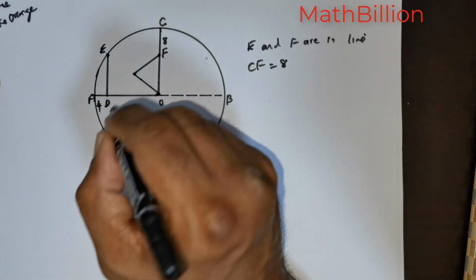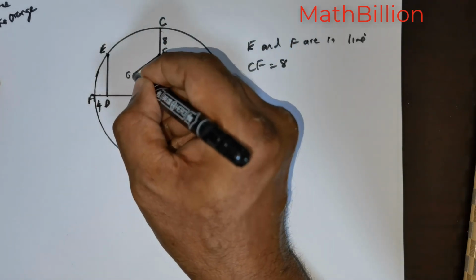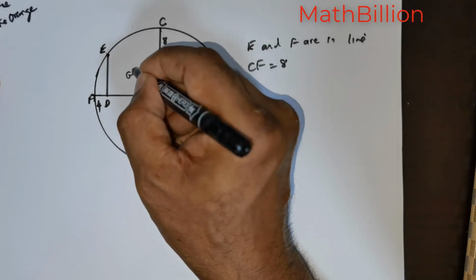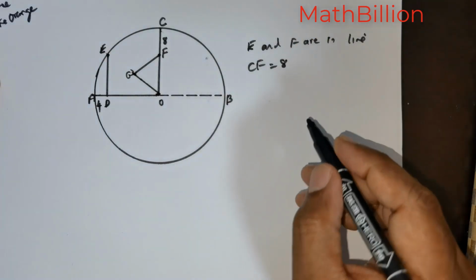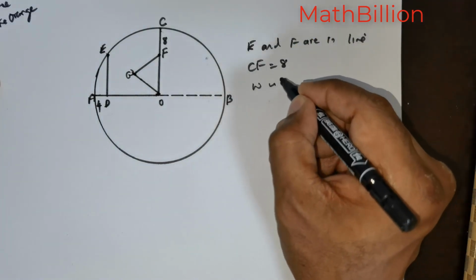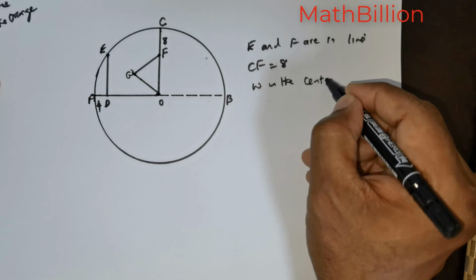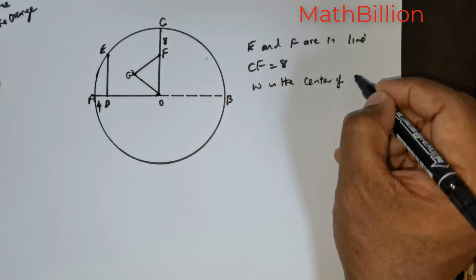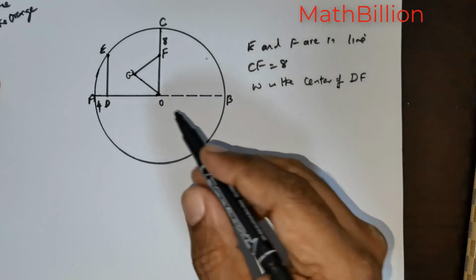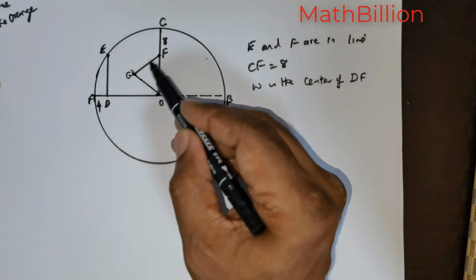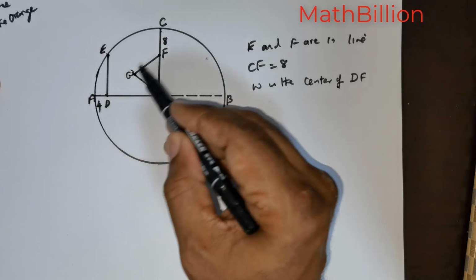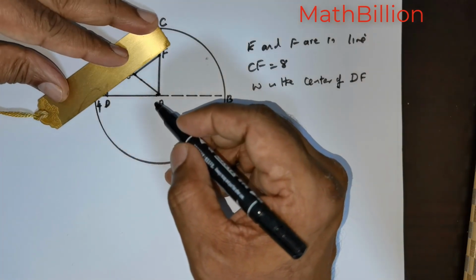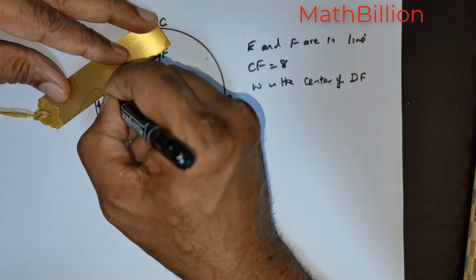Now let me take this point as W, right? W is the center of DF. So that means if you were to draw a diagonal, it would actually be hitting D, right?